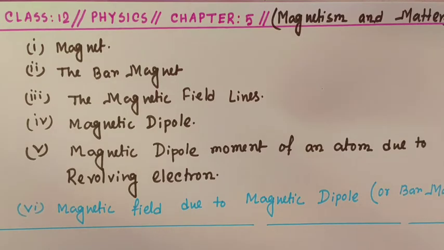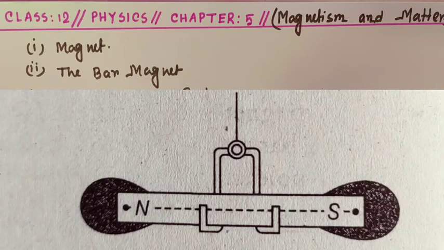Next, the bar magnet. The bar magnet has two poles, similar to the positive and negative charges of an electric dipole. One pole is designated as the north pole and the other as the south pole.